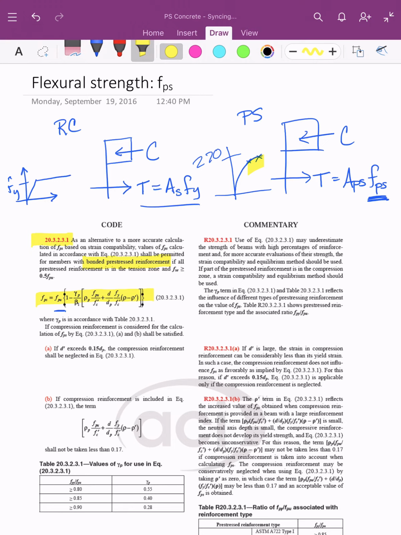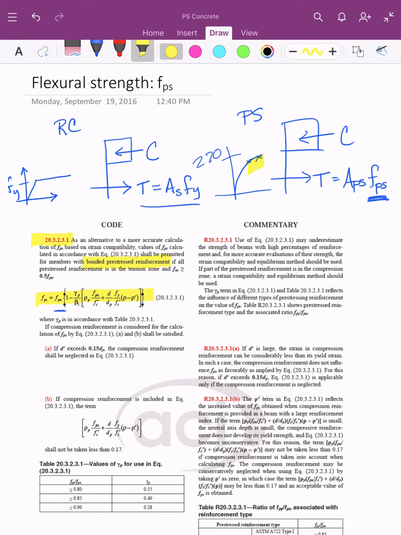And all pre-stressed reinforcement must be in the tension zone and f sub se, so the effective stress, must be greater than half of 270, which means it's acting like pre-stress. So if you only put half the stress in, it's not really developing the pre-stress in the same way that we assume when we use this equation. So for most cases of bonded, this is what you're going to use.